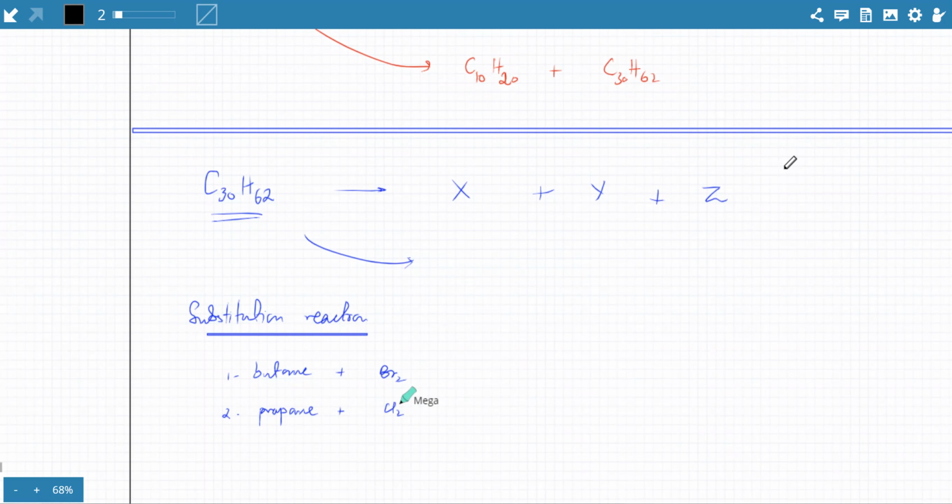Try and do this as soon as possible. Send me the answers. I'm waiting for the answers. ठीक है? 10 minutes में हो जाना चाहिए.